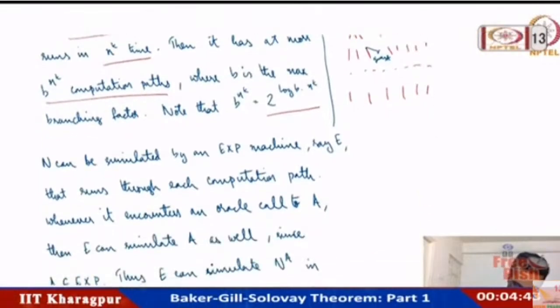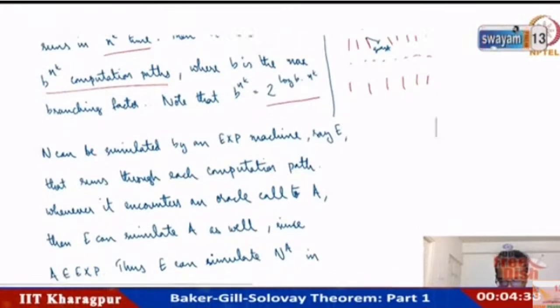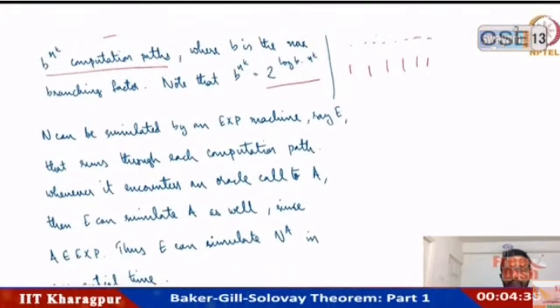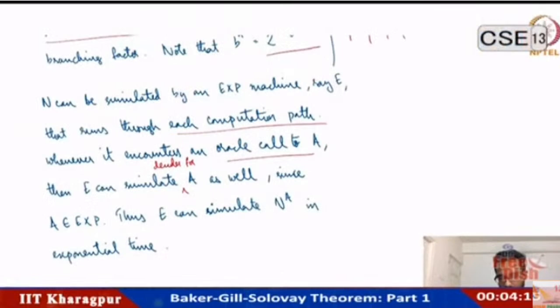So NP power A can be simulated by an exp time machine, maybe let's call it E. It can run through each computation path, and whenever there is an oracle call to A, then E can simulate the A decider, since A is itself in exp time.